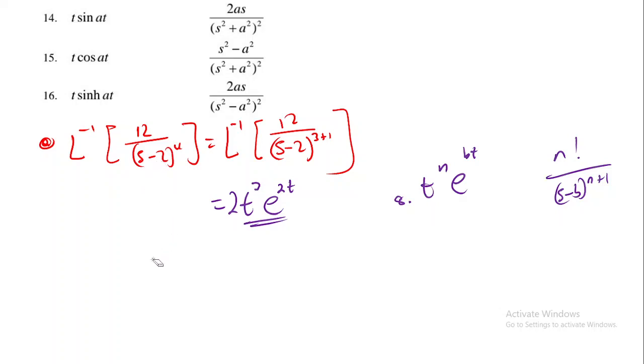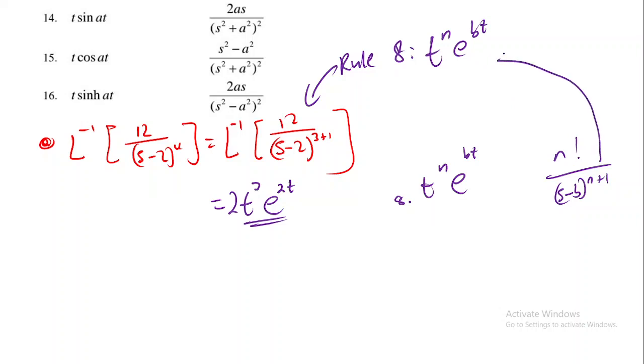So I said let's rewrite it in this format: the Laplace inverse of 12 over s minus 2, raised to the exponent 3 plus 1, which is the same as 4 again. So we can realize this is rule number 8 that says t to the exponent n, e to the exponent bt. If you are moving from this format to this format, then you're going to have something like this, right?